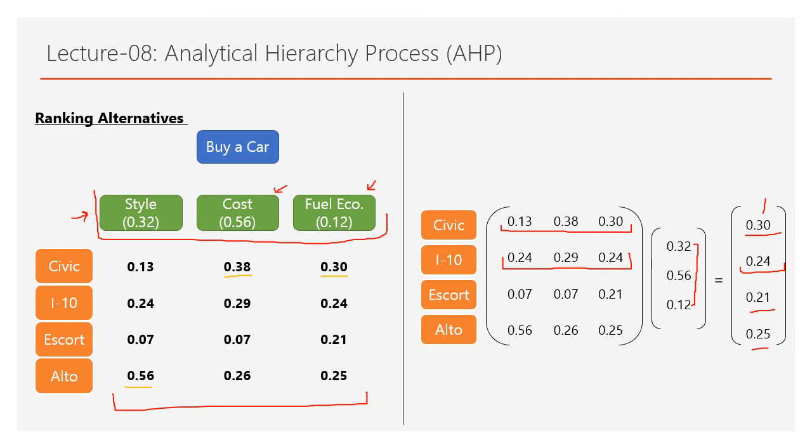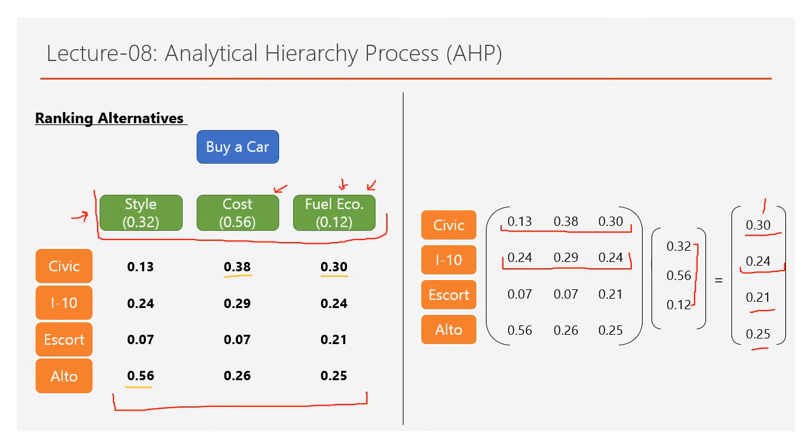So based on this analysis, Civic has the highest score, and therefore it is our decision after this AHP analysis process. And this is how AHP helps us present our subjective judgment, and also incorporate quantitative analysis, which was done in the fuel economy criterion.